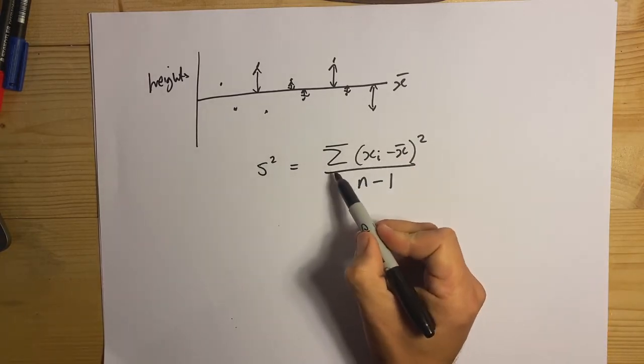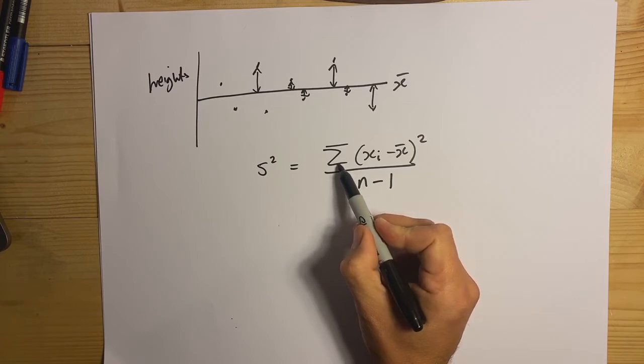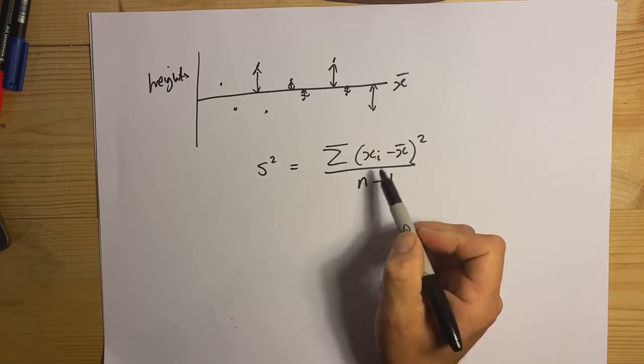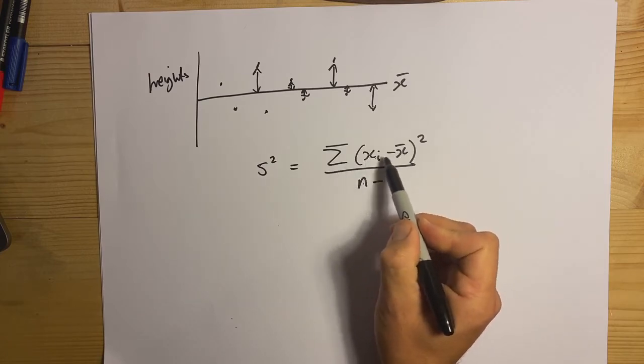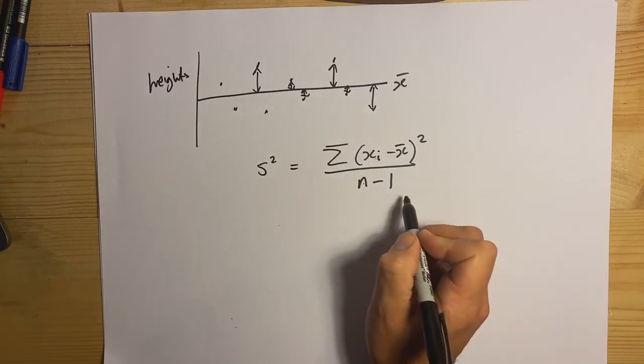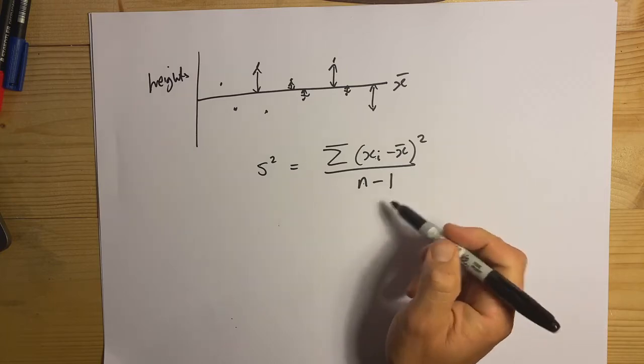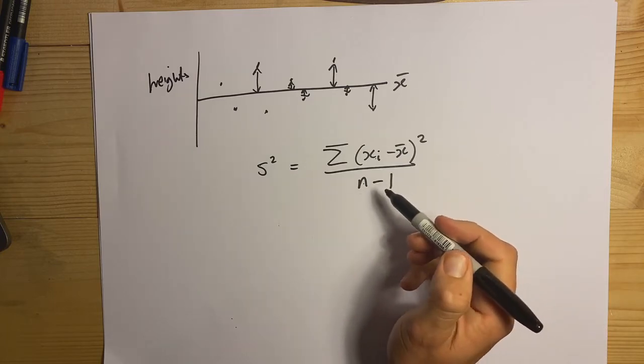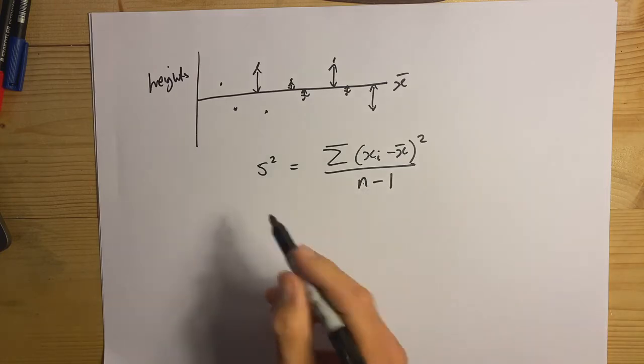This looks a bit like the mean, if you remember that, which would just be the sum of xi divided by n. But here we're on about the average distance from the mean. Now the reason we do n minus 1 rather than n is that it gives us what they call an unbiased estimate of the sample variance.